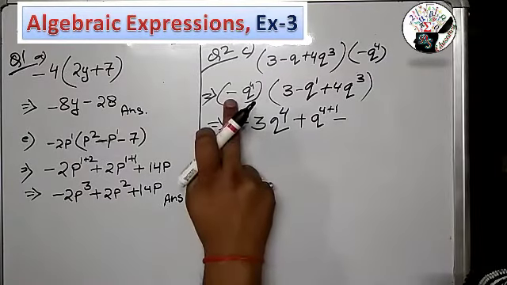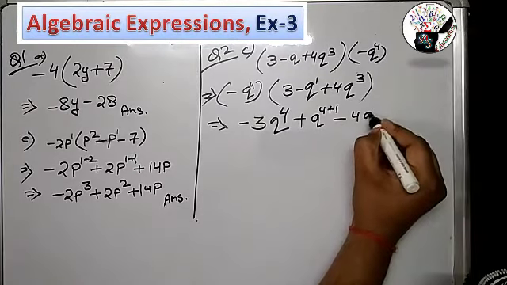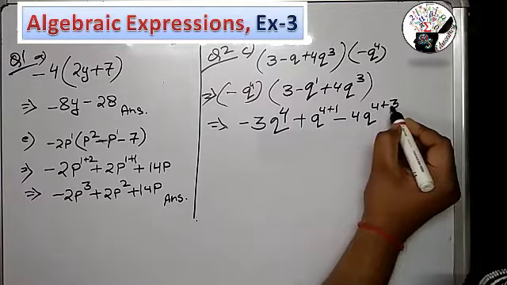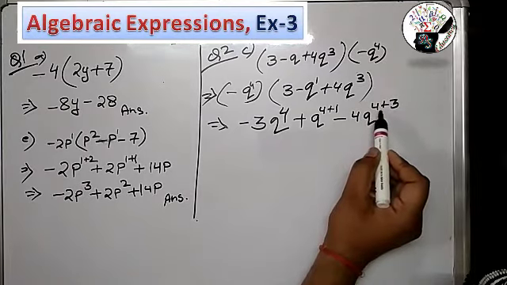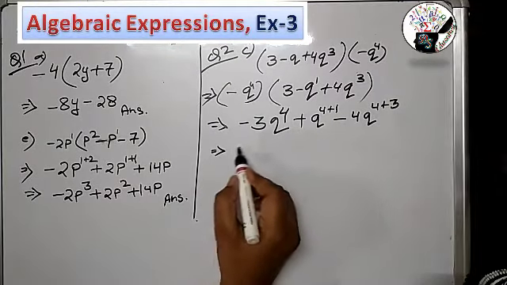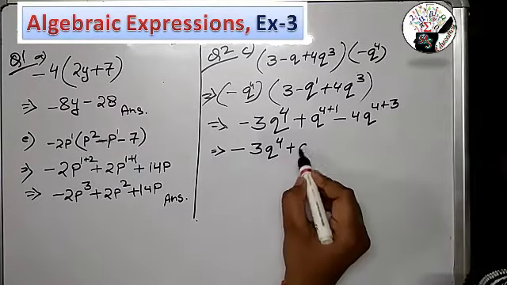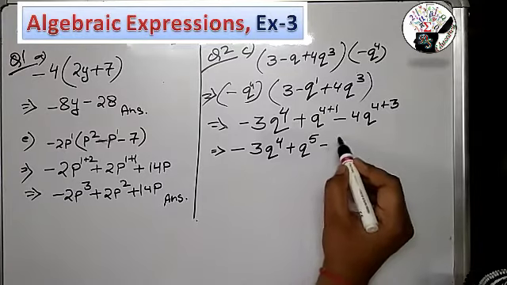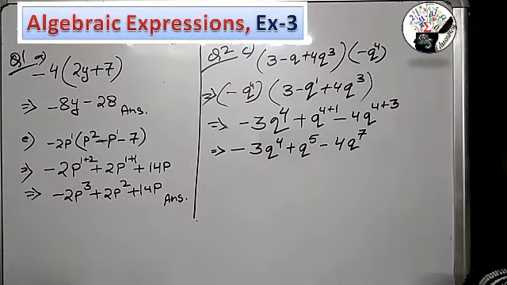Now it is minus over here, plus inside, so minus plus, it's minus, and 4q, 4 plus 3. 4 is here and 3 is here, so the powers of the same base will be added, that is 4 plus 3. In the next statement we will write, minus 3q to the power 4 plus q to the power 5 minus 4q to the power 7. Okay, this will be the answer.